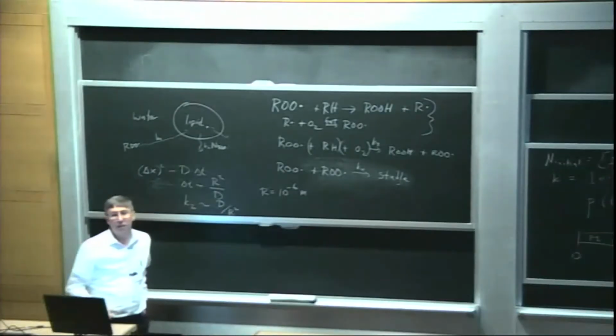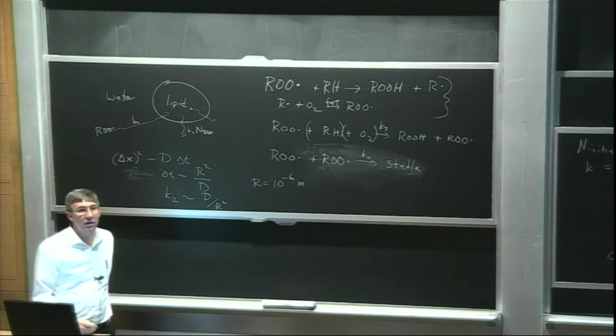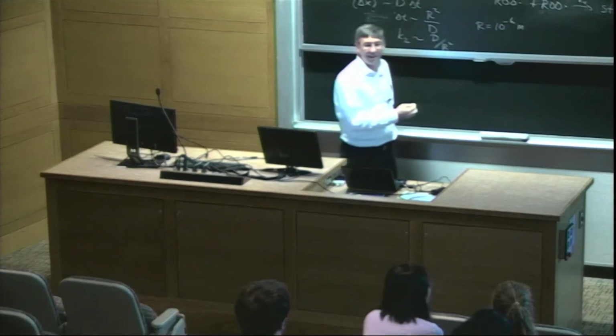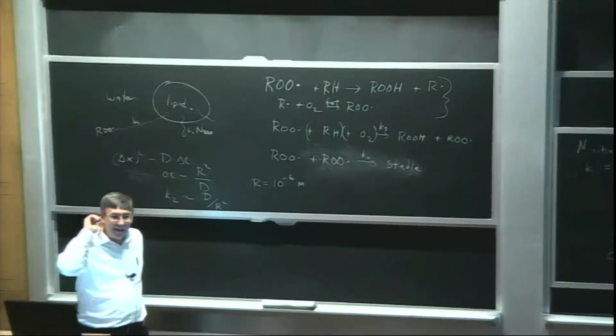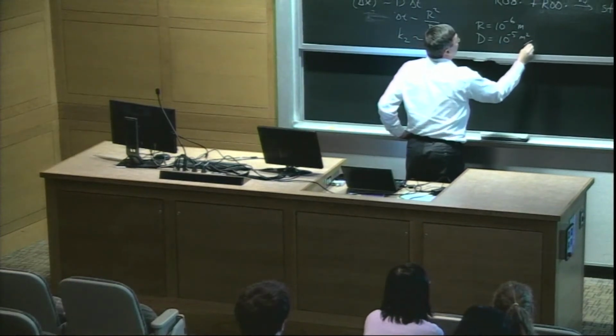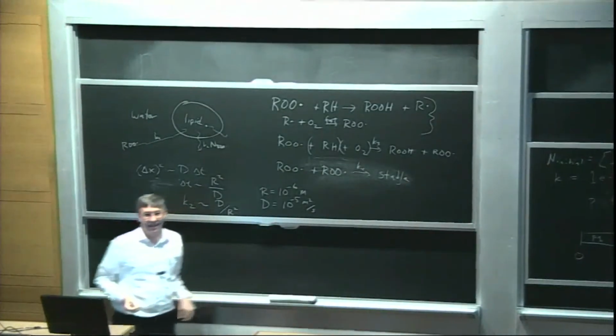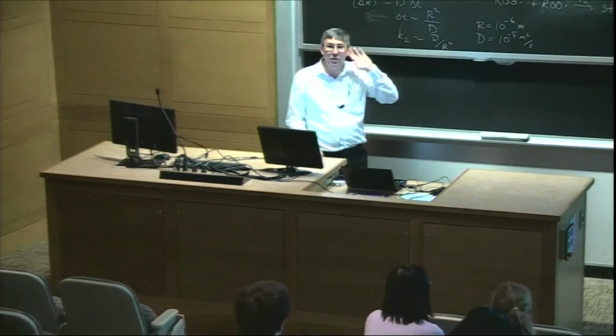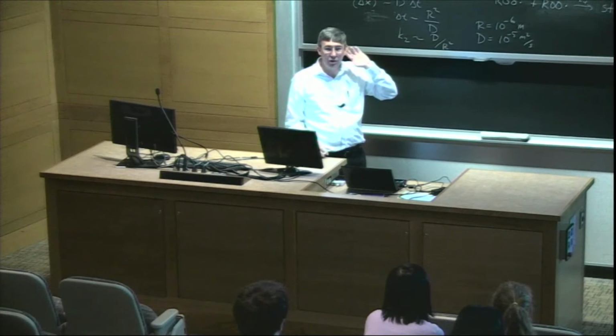What's a diffusion constant in liquid phase? 10 to the minus fifth meters squared per second. Okay, sounds reasonable. Anybody know if it's meter squared or centimeter squared? You guys did the one with the drug. Was it 10 to the minus 6 meters squared or centimeter squared?